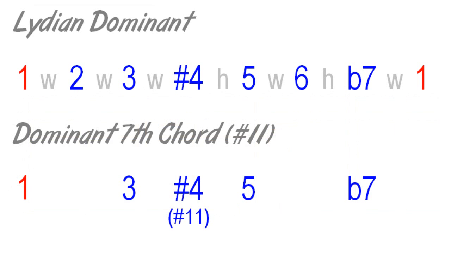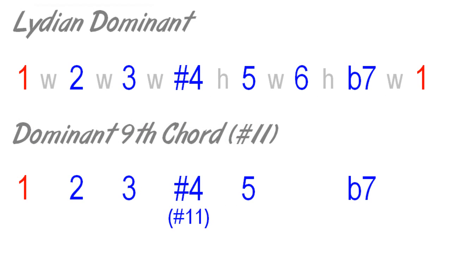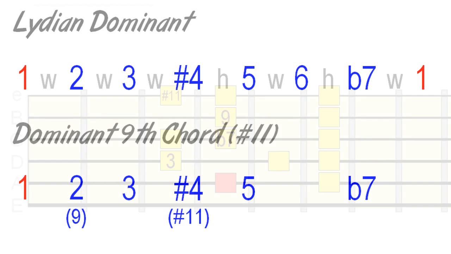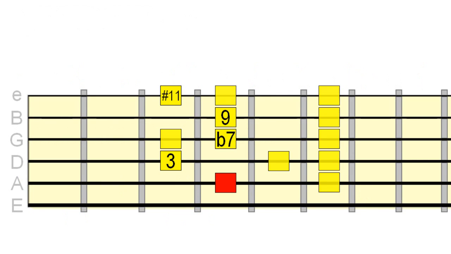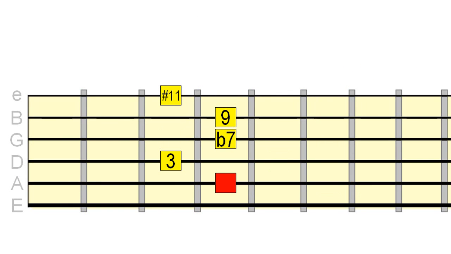We can also extend the chord further to include the major 2nd interval of the scale, which in chord harmony is called the 9th. This gives us a dominant 9th augmented 11th chord, which is easiest to finger using this A string shape.